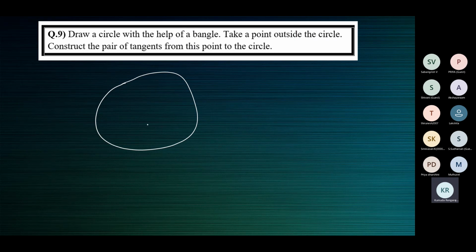Now we need to identify the center of the circle, for which we have to take 3 points, say A, B, C, any 3 points on the circumference of the circle.